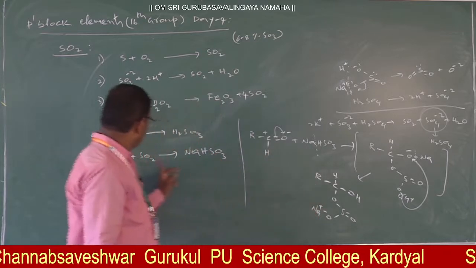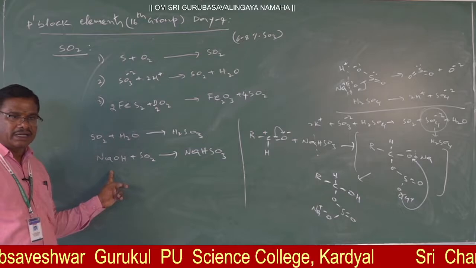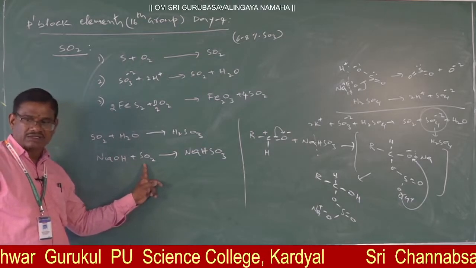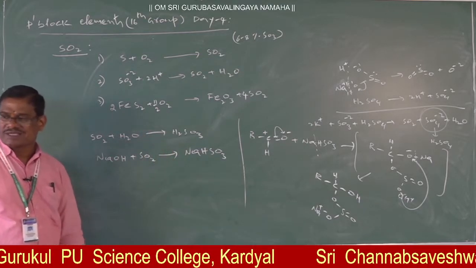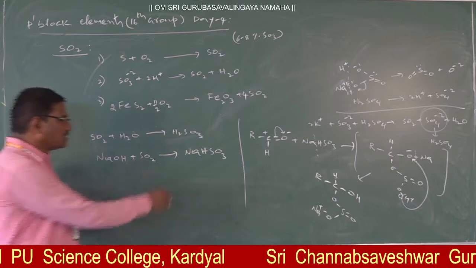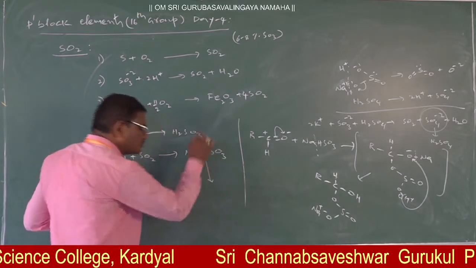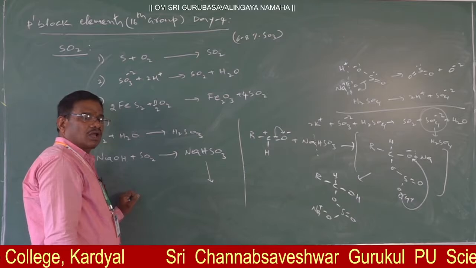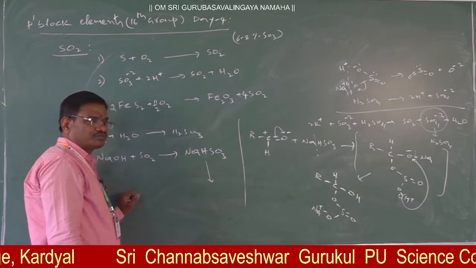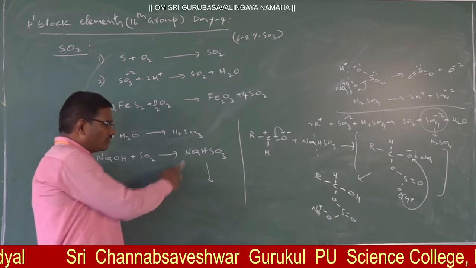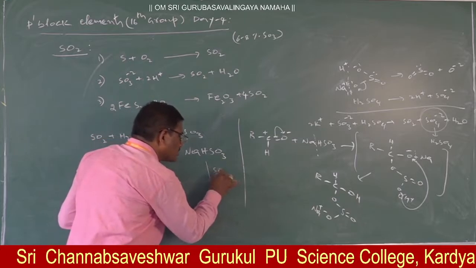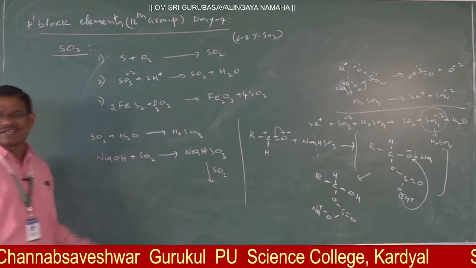Like this, whenever sodium hydroxide is neutralized by sulfur dioxide, it will give sodium bisulfite. Correct? This sodium bisulfite, if neutralized by one more SO2, what is required?